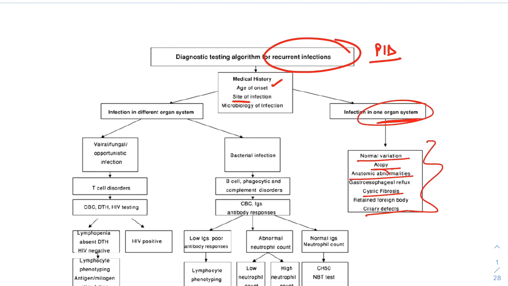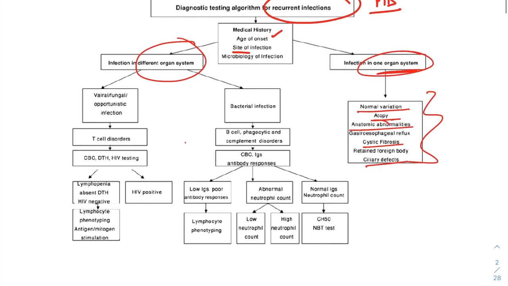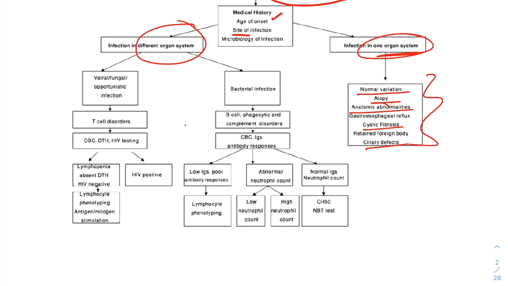But if the patient has recurrent infections at multiple organ systems, we suspect an immunodeficiency disorder in that child. Once we suspect an immunodeficiency, we need to identify whether the defect lies in the T cells, B cells, phagocytes, or complement.